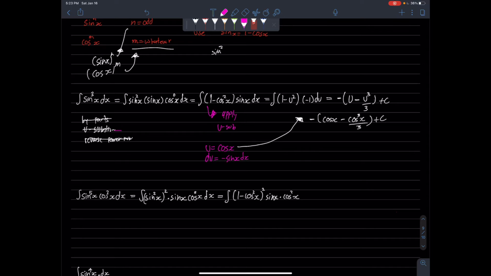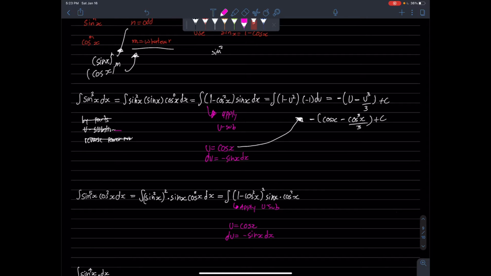So I'll do it in a different color. Apply u sub. So u is going to be equal to cos x. Du is going to be negative sine x dx.